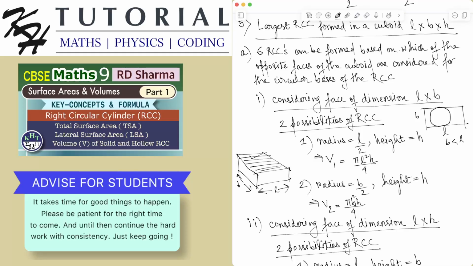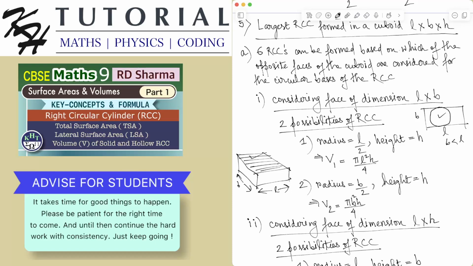So if L is less than B, then the radius of the circular faces of the RCC will be equal to L by 2, and height is H. So in that case, volume will be pi L square H by 4.